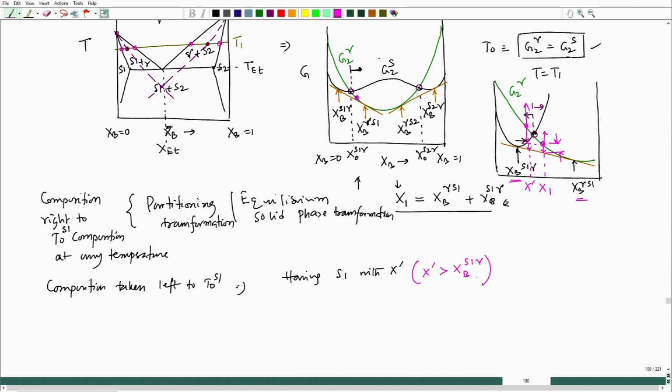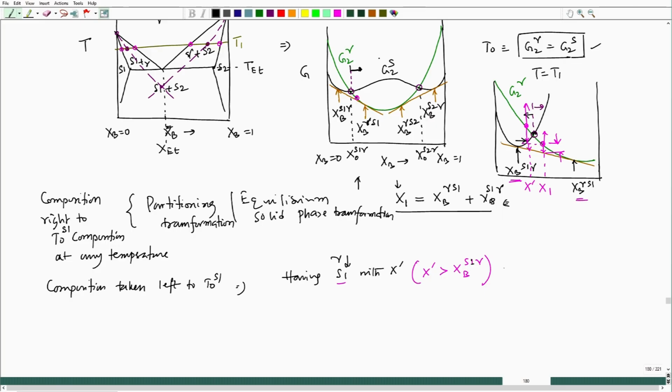So, that means it can actually have a solid solution of S1 from gamma. It can transform from gamma to S1 with the same composition without any long range diffusion, only the crystal structure will change, and at that time that composition is more than the equilibrium composition that can stay in S1. Okay.